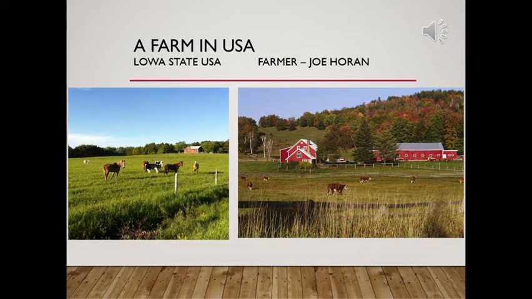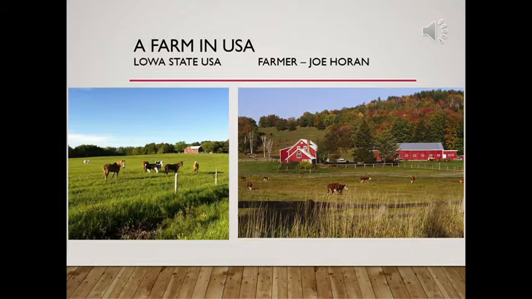Joe Horan, a farmer in the Midwest USA in Iowa State, owns about 300 hectares of land. He grows corn on his field after making sure that soil and water resources meet the need of this crop. From time to time, he sends the soil sample to a soil testing laboratory to check whether the nutrients are sufficient or not.